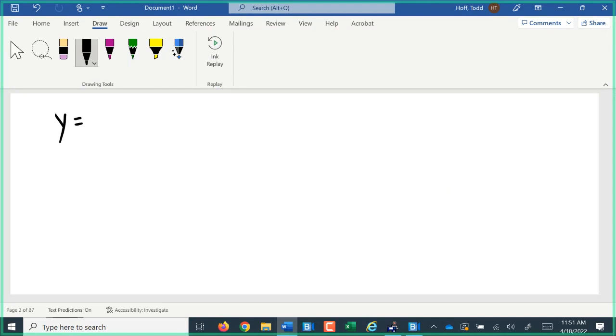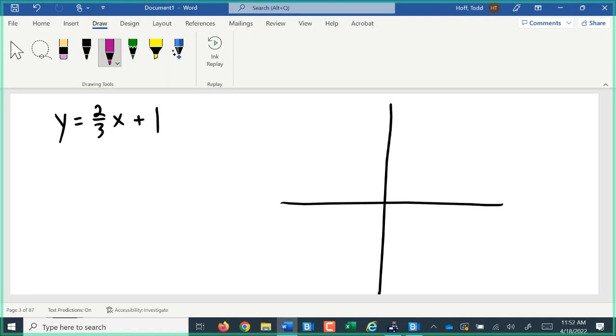So if we have y equals 2/3 x plus 1, what that's telling us is on our graph, we start out at plus 1. Right there is our first point. And the 2/3 multiplying the x, that's our slope. So 2/3 means we rise 2 and we run 3.